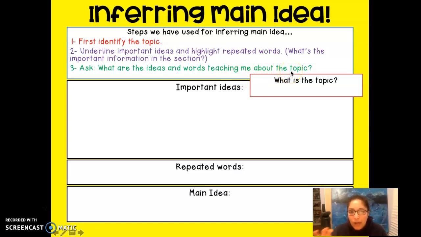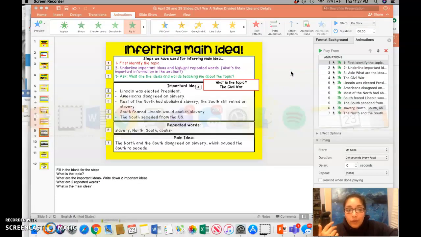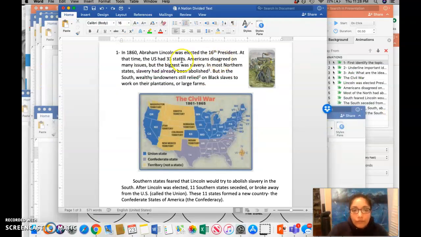Okay, so let's practice this. We'll figure out the main idea of the first section together. First, I want to refresh my memory and remind myself what this first section was about. It says, in 1860, Abraham Lincoln was elected the 16th president. At that time, the U.S. had 33 states. Americans disagreed on many issues, but the biggest was slavery.